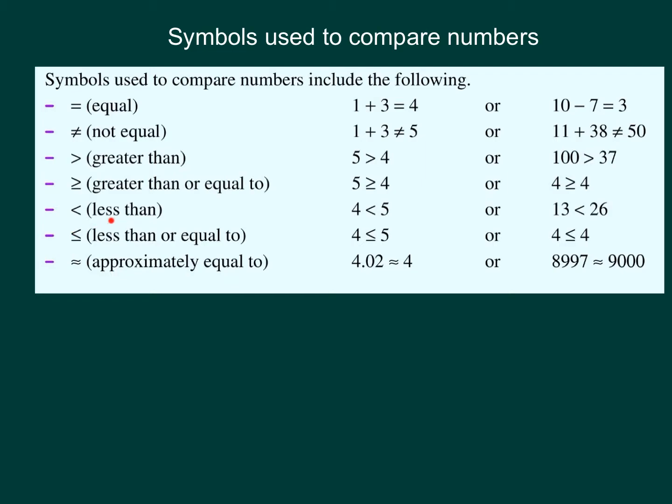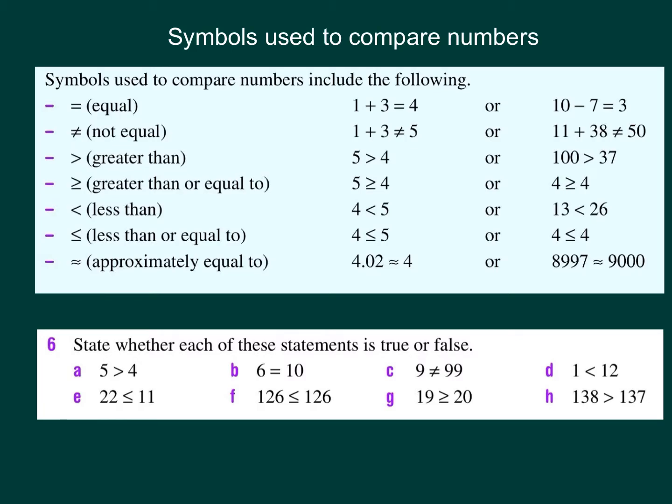This is the less than symbol, so 4 is definitely less than 5, and you can see that the 4 is at the lower end of that sign, whereas if it was greater than, you would see that 5 has got the crocodile mouth pointing towards the 5, so it's greater than. This one is less than or equal to, so 4 is less than or equal to 5. And this symbol over here is called approximately. So 4.02 is approximately equal to 4.